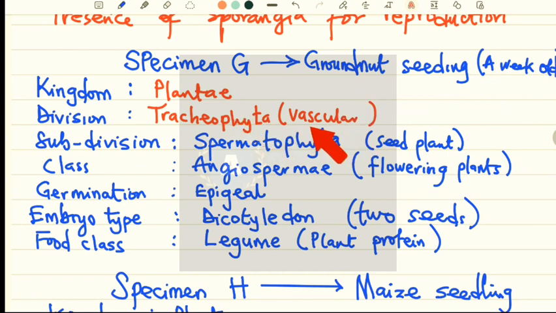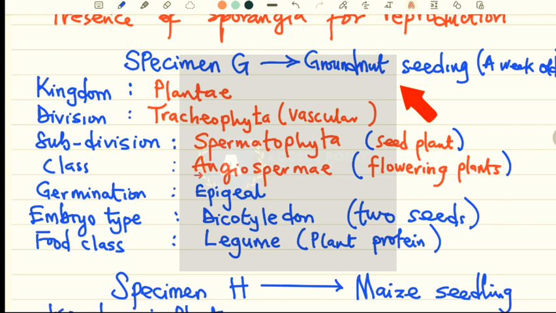Tracheophyta meaning they have vascular tissue, the phloem and xylem, for conducting water and mineral salts. Then their subdivision is Spermatophyta, which means they bear seed. And the class is Angiospermae, meaning they are flowering plants.